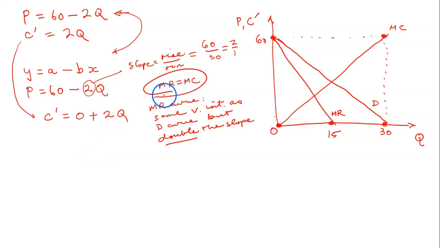So our firm is going to choose an output level where marginal revenue equals marginal cost. Because what we're looking for is our deadweight loss. The firm's going to charge this price, so the price is going to be here.